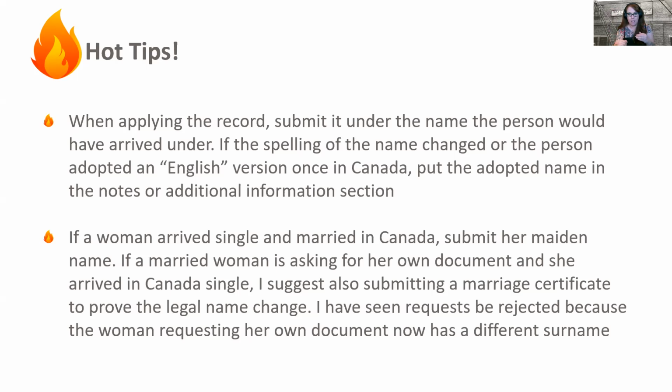So I always recommend to submit a copy of a marriage license or record, or maybe even an announcement of the marriage in a newspaper, just something that shows that she changed her name from this to this because she was married. I have seen requests be delayed by the government because they want that name change proof.